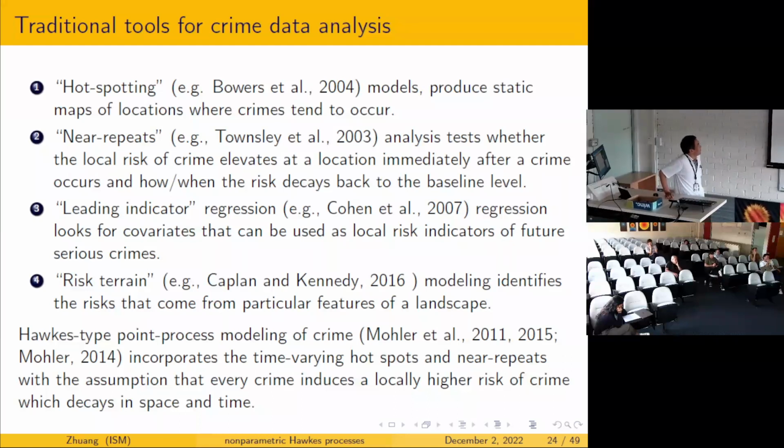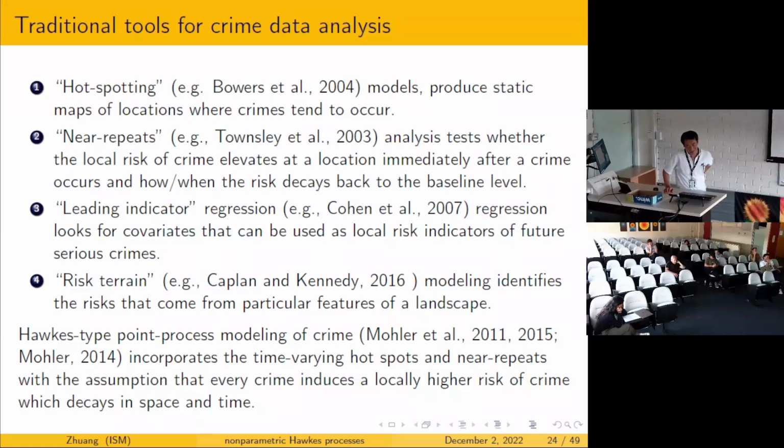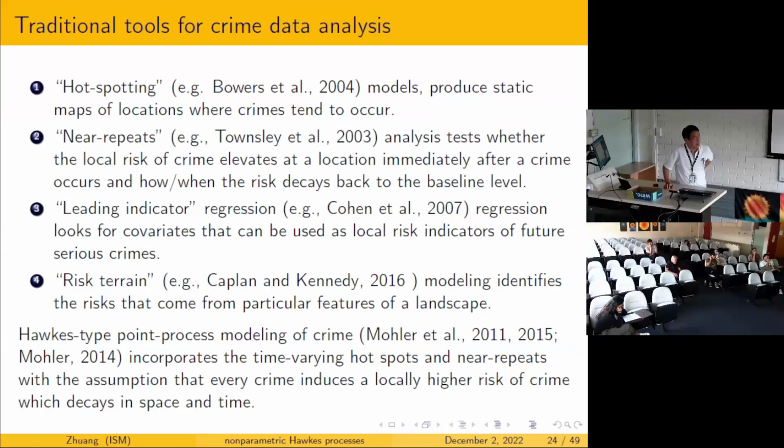From the statistical view, those are more like a non-homogeneous Poisson process with stationary intensity.